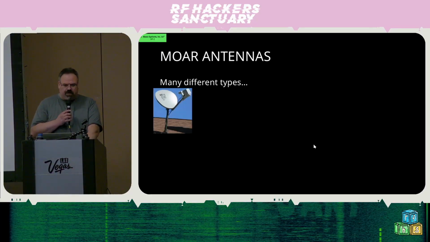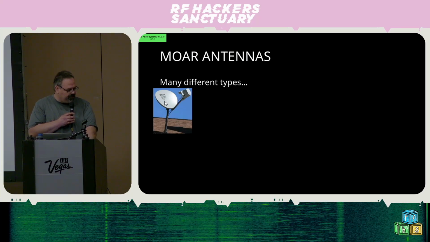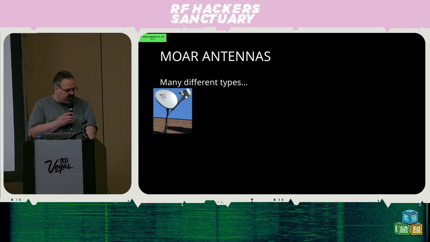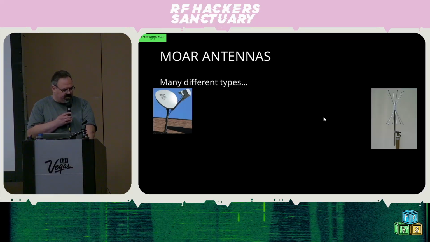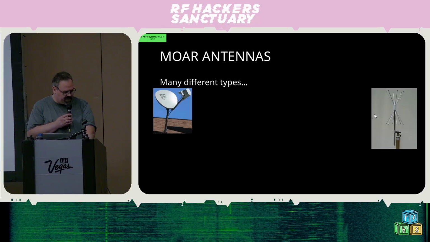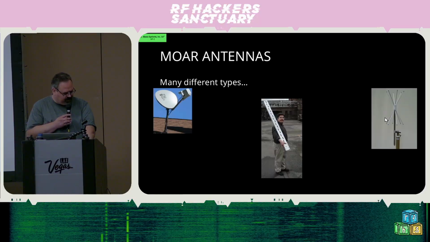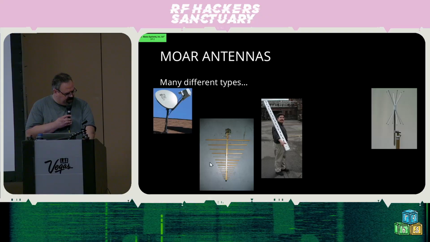There are lots of different types of antennas. The dish antenna, where you've got the reflector and the actual receive portion is here. This is a double DEFCON type, slotted waveguide.